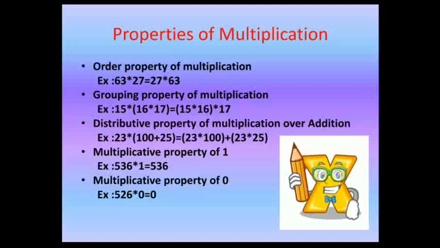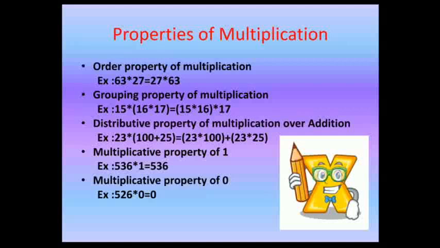Now these are the properties of multiplication. I am reading them one by one. The first one is the order property of multiplication. It means if you change the order of the multiplicand and multiplier, the answer remains the same. The second property is the grouping property of multiplication.